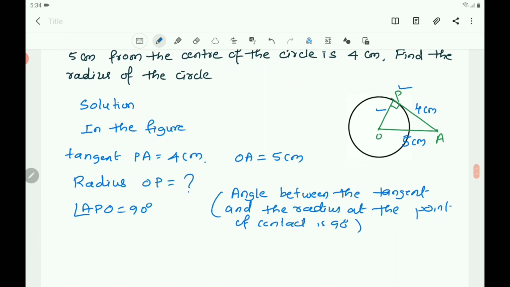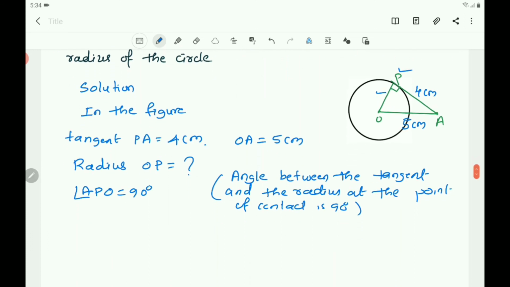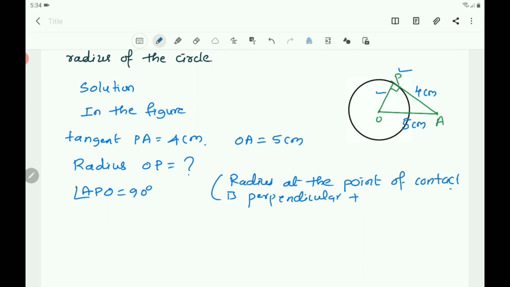That means the radius at the point of contact is perpendicular to the tangent. That also you can write here.